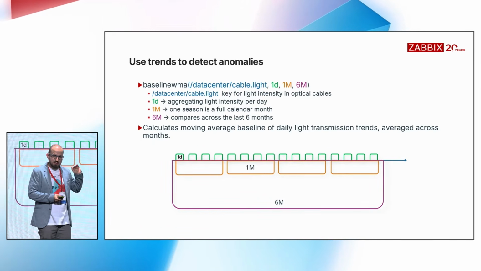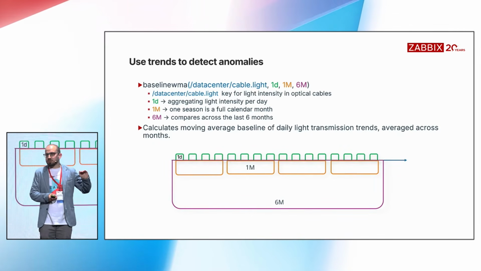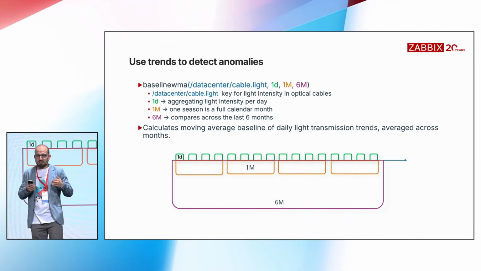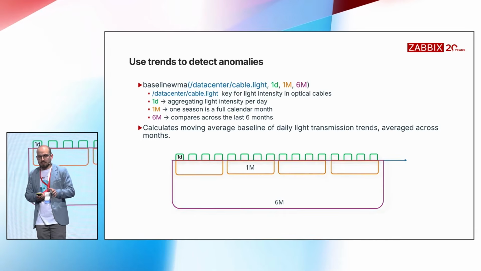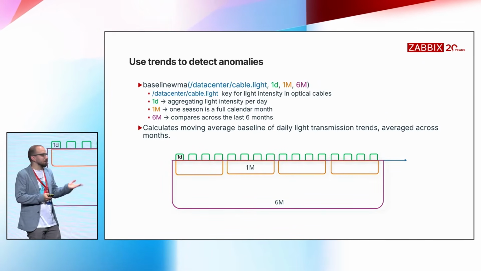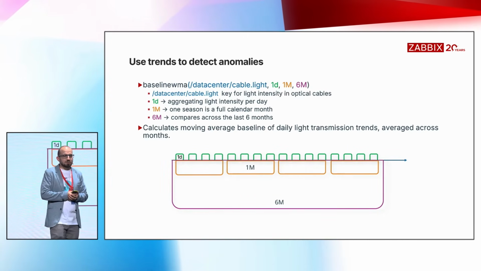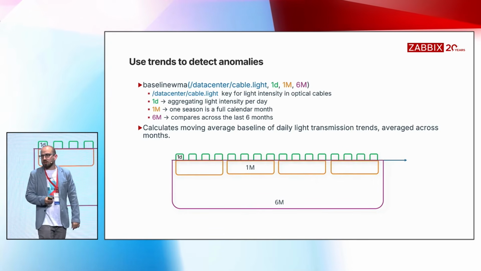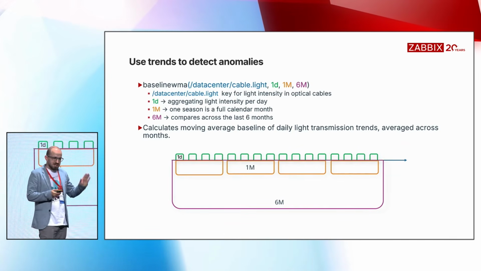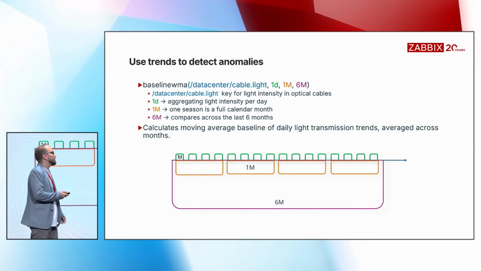And the amount of light changes just a tiny bit. With just a threshold, you might not notice this, or in this case, Zabbix might not notice this. But with this function, you can compare the data across, for example, the last 6 months, and then use seasons to aggregate it by day. Then even if a tiny speck of light is lost, Zabbix will let you know.